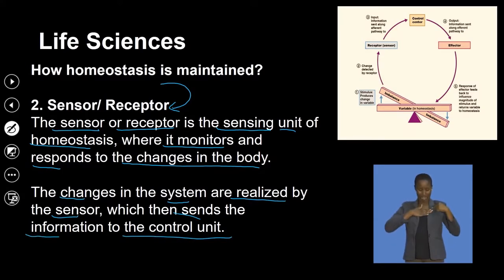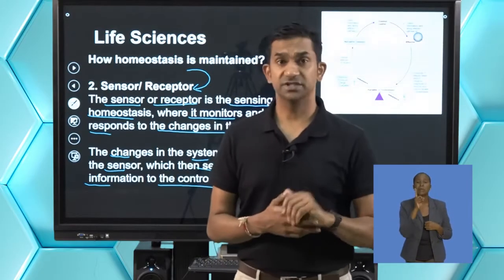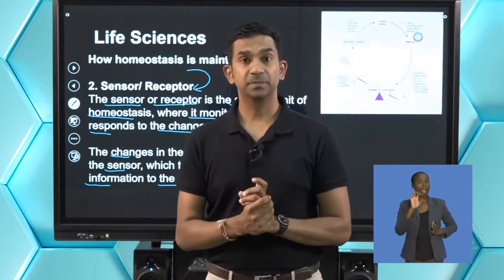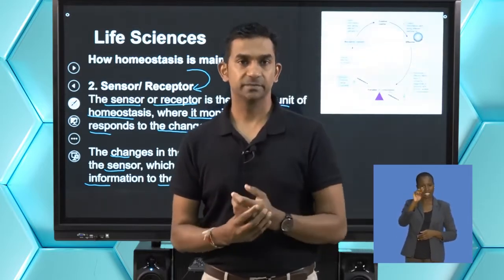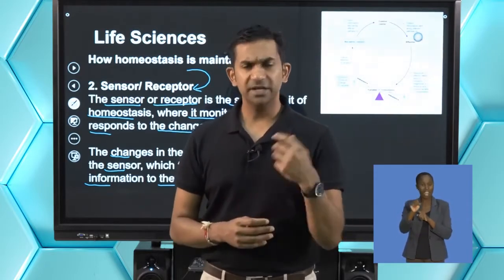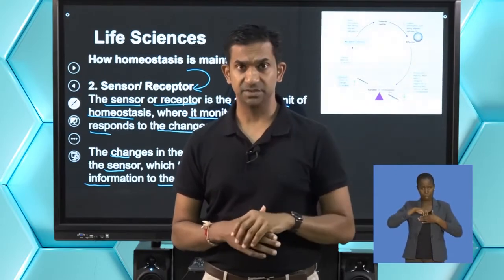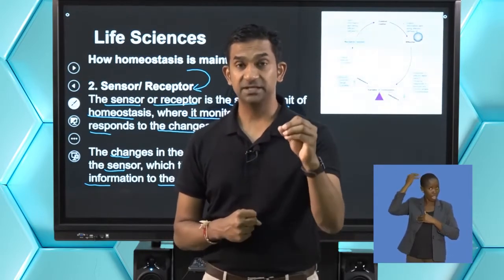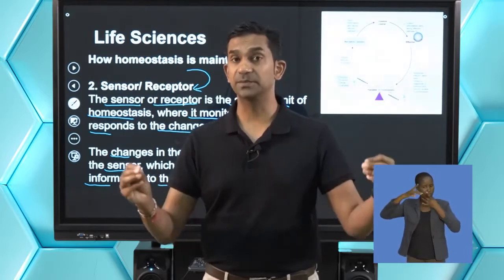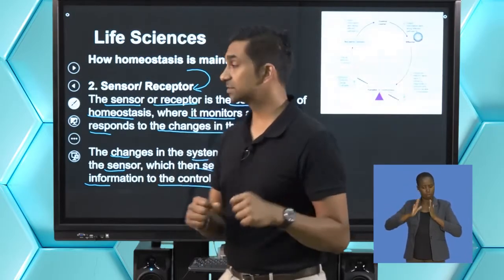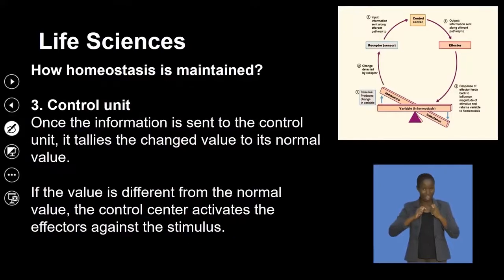In our body, stimuli come in and we have sensors, often in the brain but also in various other parts. The brain will analyze the stimulus, interpret it and identify a change from the normal. It will then respond using the effector.